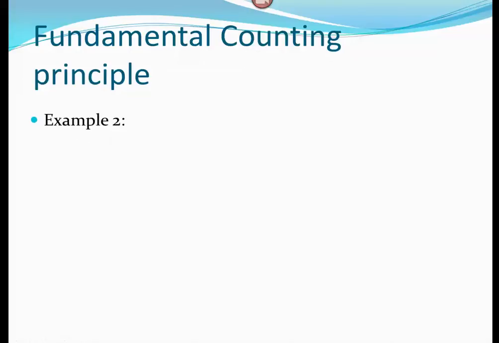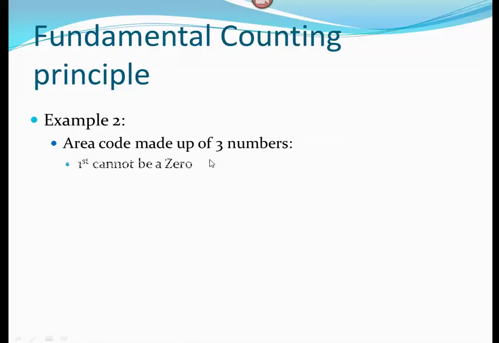Let's apply this in another area. For example, we can use this fundamental counting principle if we're wanting to know how many area codes are possible. If we have three numbers in our area code and the first one cannot be a zero. Given that, we have 3 digits in our code. The first one is limited and it cannot be a zero.